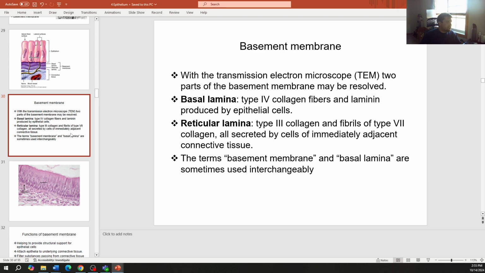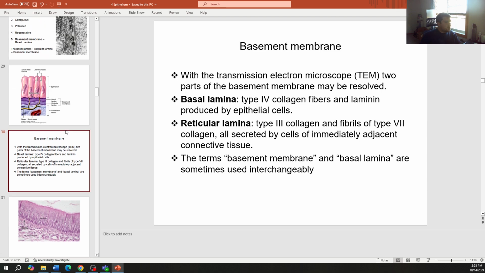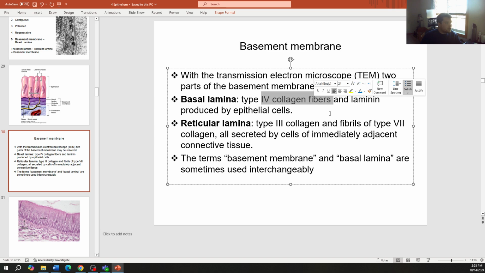So talking about this basement membrane a little bit more, just a couple more details. The basal lamina is made up of type 4 collagen fibers, as well as a protein called laminin that is produced by the epithelial cells.